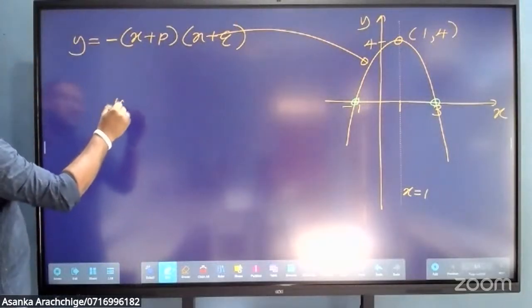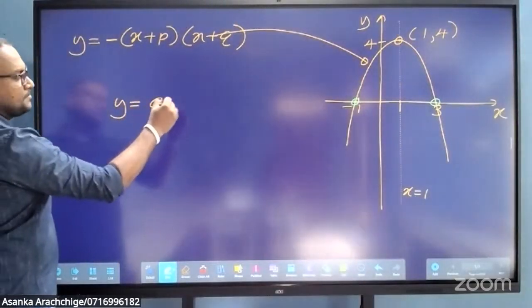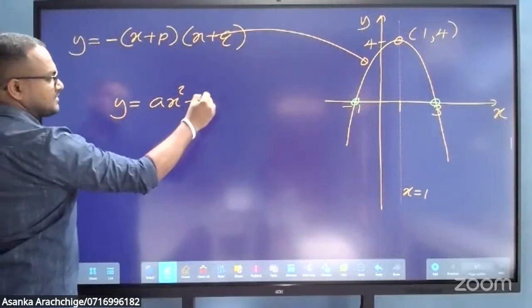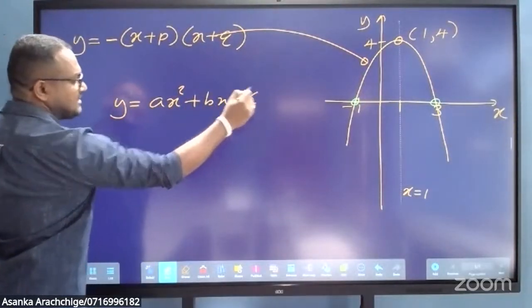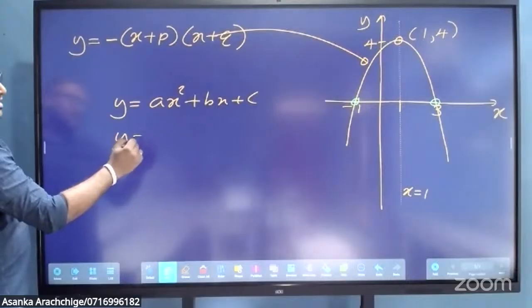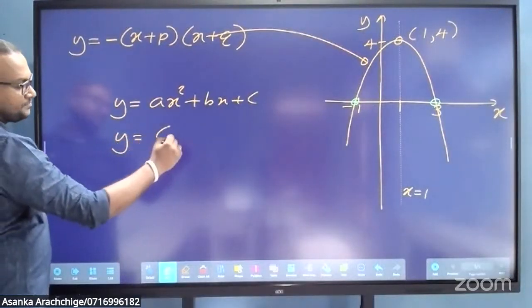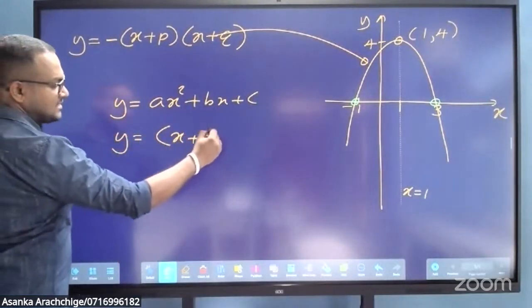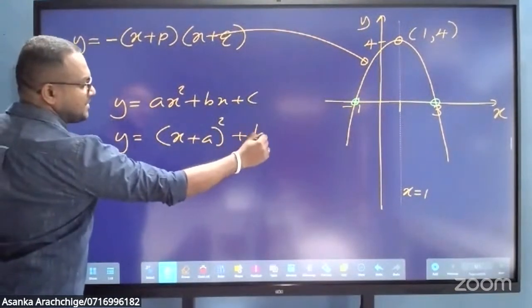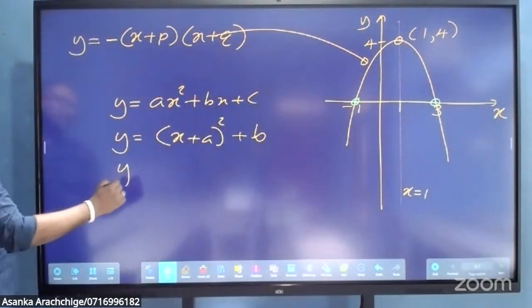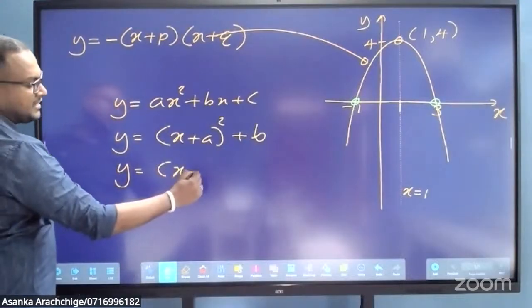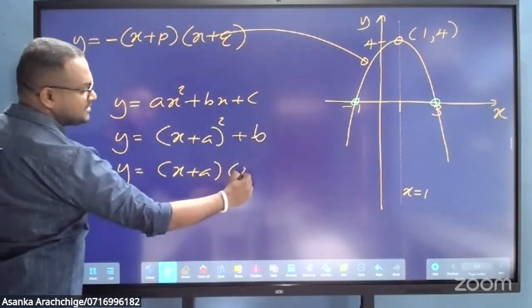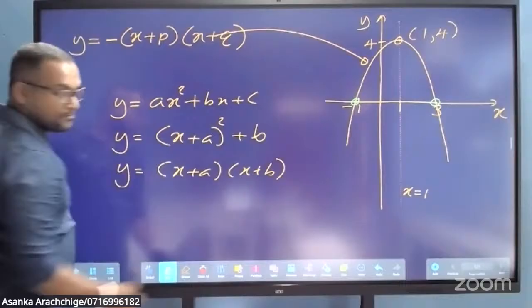One method is y equals ax squared plus bx plus c. Other method is y equals x plus a squared plus b. This is the third method. y equals x plus a times x plus b.